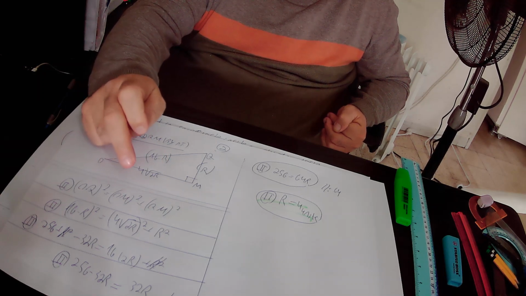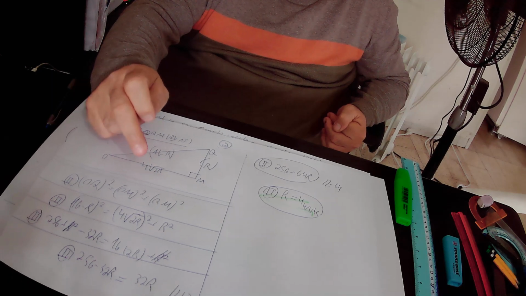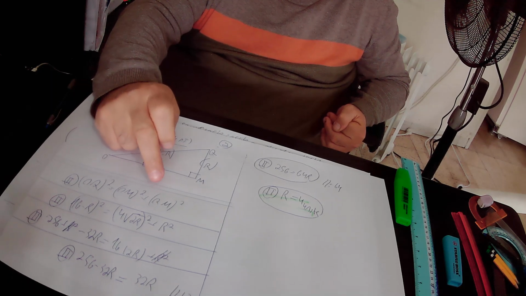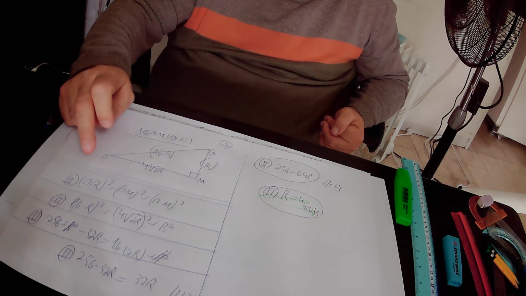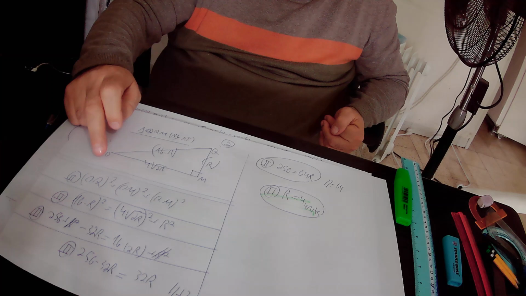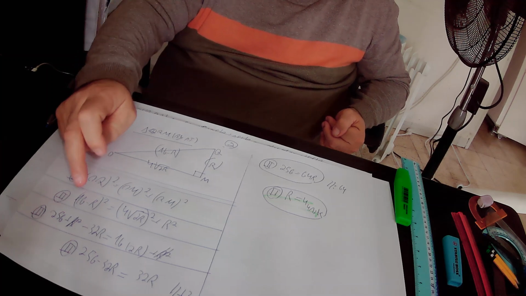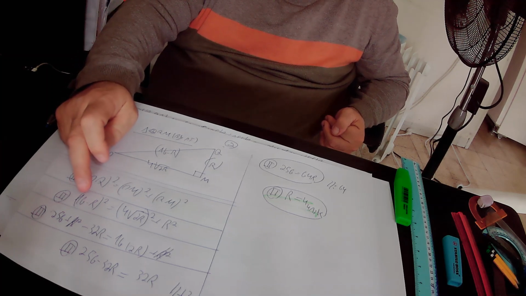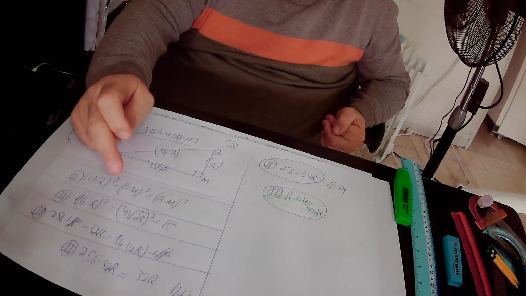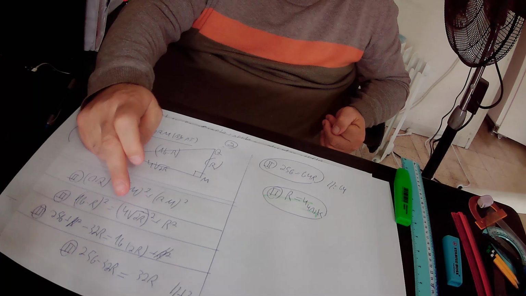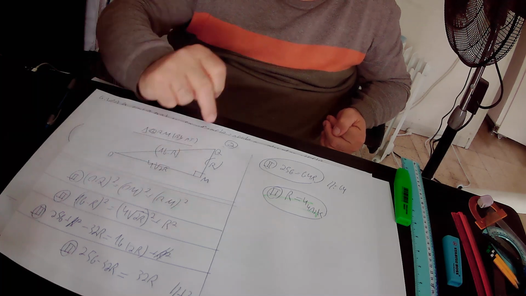MQ is R, therefore MQ square is R square. So according to equation 2, we found that 256 plus R square minus 32R equals 16 times 2R plus R square.